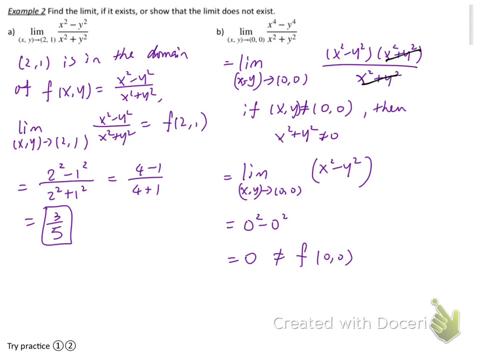In this case, it's actually called a removable singularity, but you don't have to worry about that. The point is the limit does exist, even though the function is not defined there. Now you can pause the video and try practice number 1 and number 2.